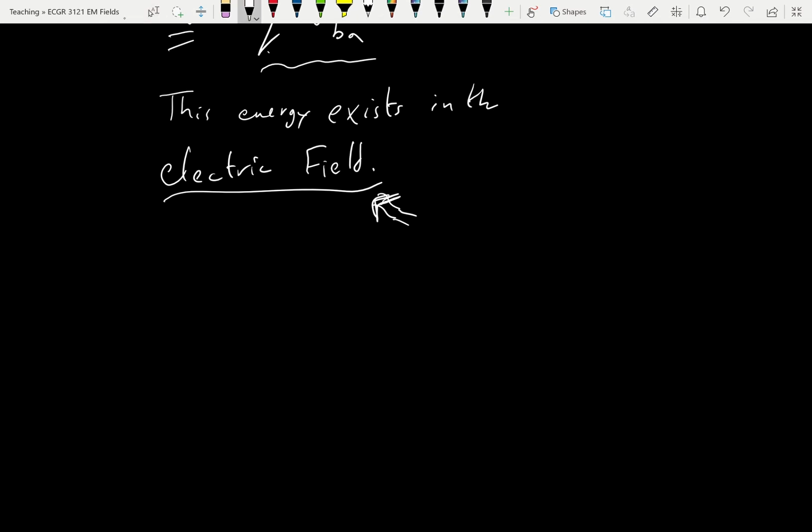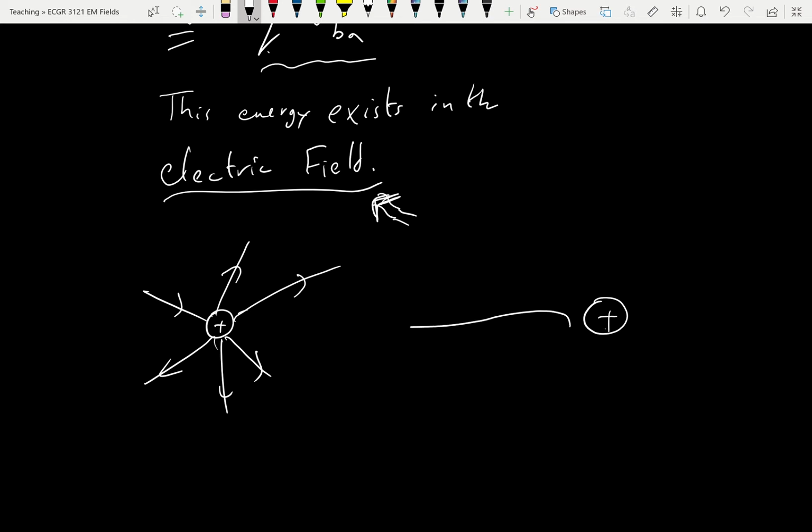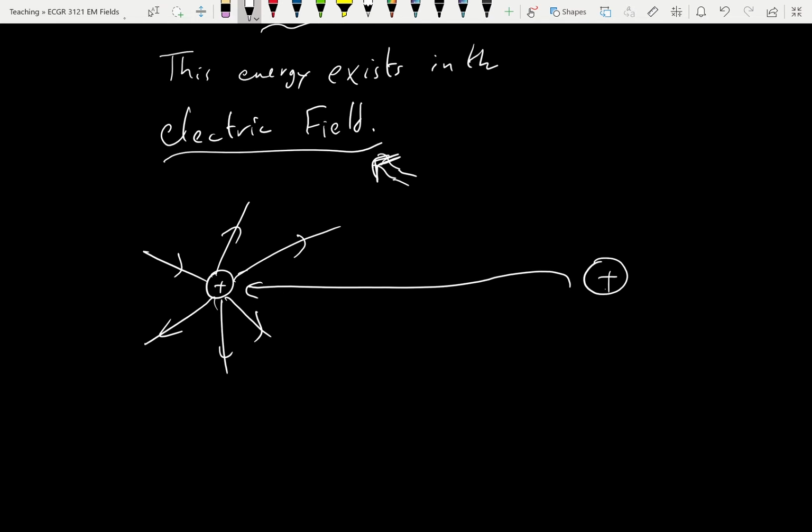Another way of seeing it: I have some positive charge, and I have a field around the positive charge, and then I have some faraway positive charge, and then I'm moving. I'm an external actor, right? So I'm working on this charge and I'm moving it towards this other charge. What happens if I keep moving it until it gets very close to this other charge, like this is Q and this is Q?